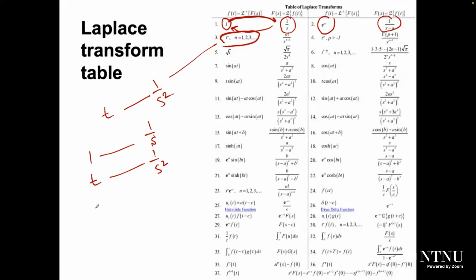When it's also t multiplied by exponential at, t e to the at, it will be 1 divided by s minus a, squared. So it will be something like this. And of course, we have the cosine, sine, and so on. Those functions also are very important.